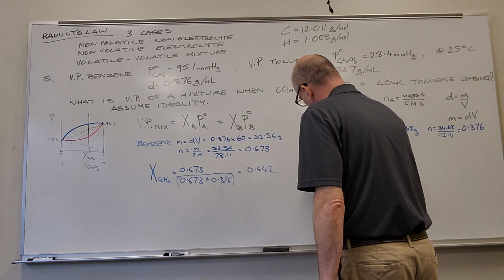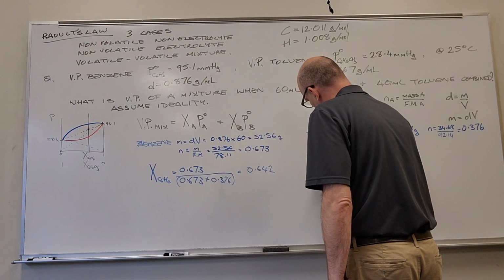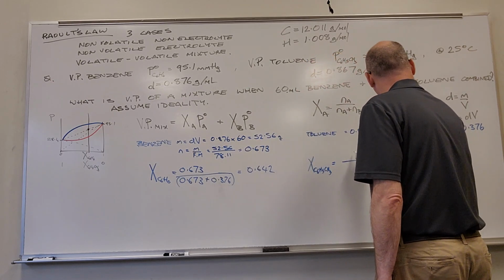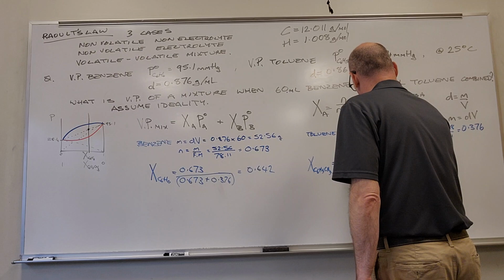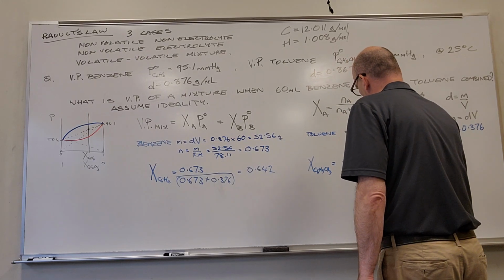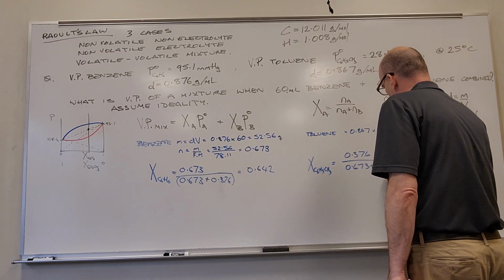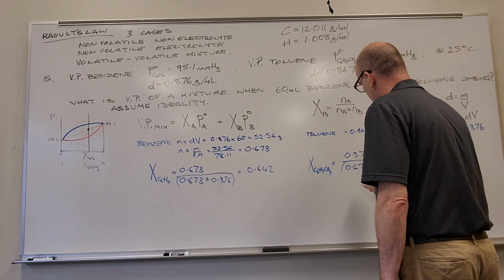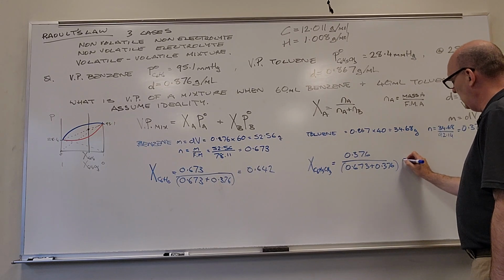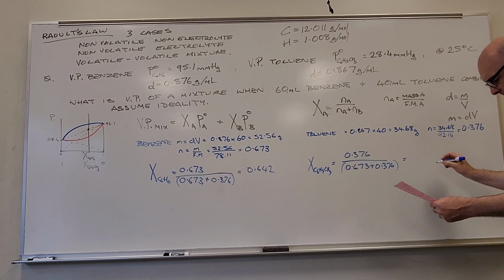And the mole fraction for C6H5CH3 is 0.376 divided by 0.673 plus 0.376. Lots of these numbers look like each other. Make sure you keep them in the correct order.